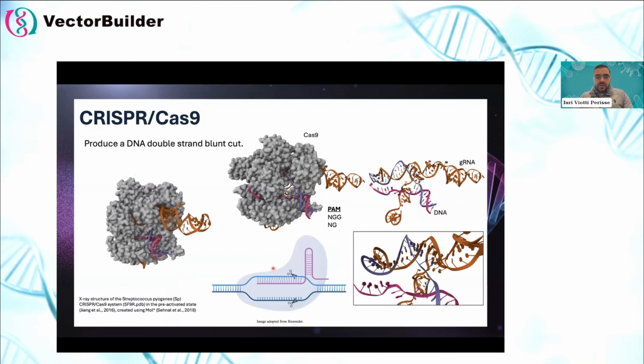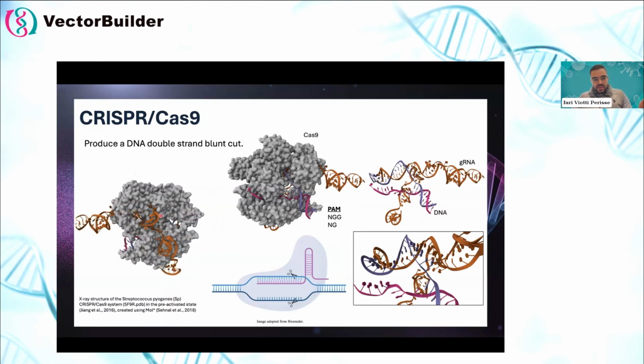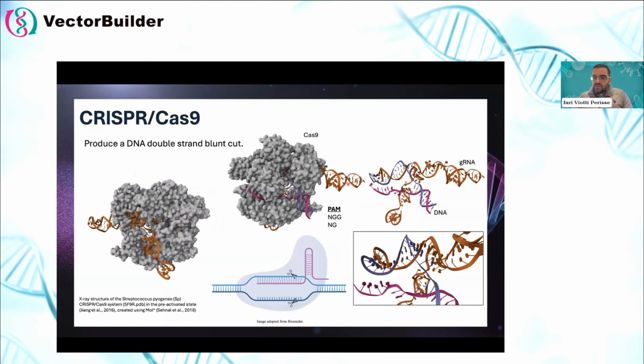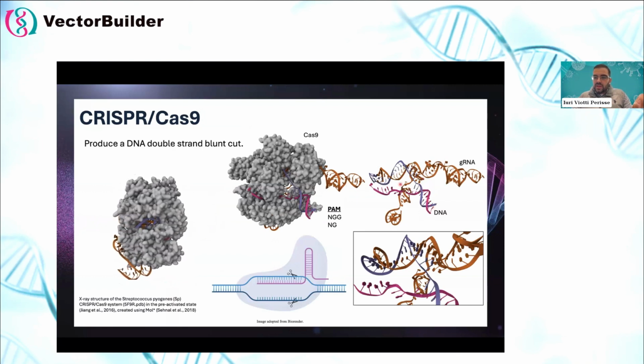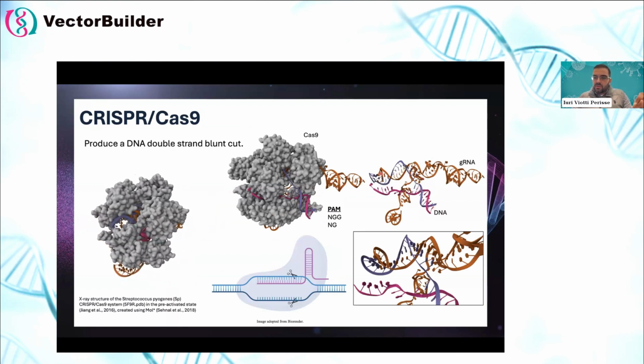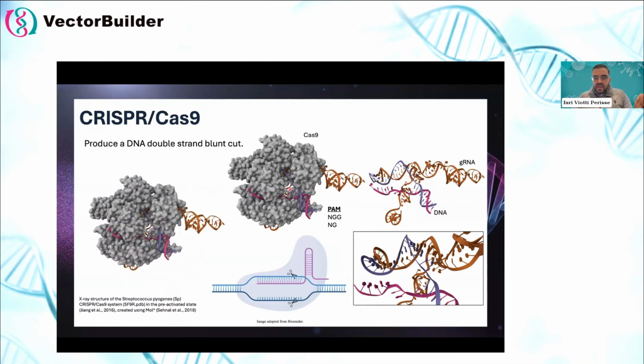So as you probably already know and are familiar with, this is the Cas9 structure. We have the gRNA tangled inside of the Cas9, and that gRNA binds to the double-strand DNA, where one strand will be the target and the other strand will be associated with the Cas9.